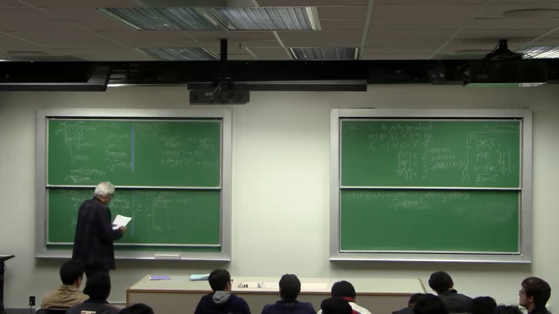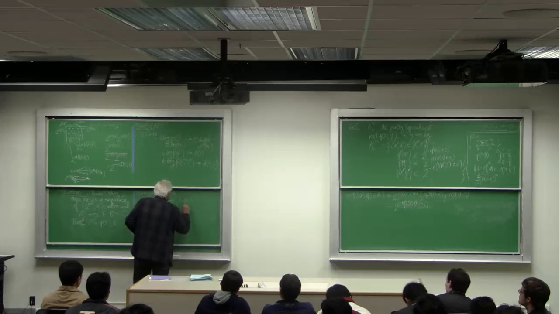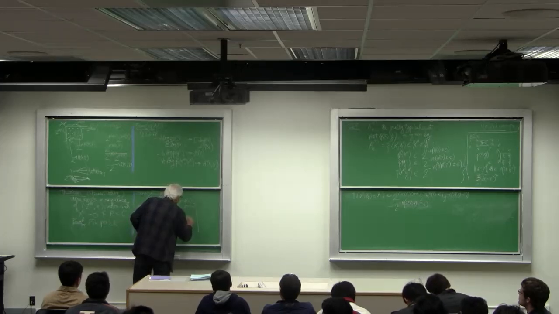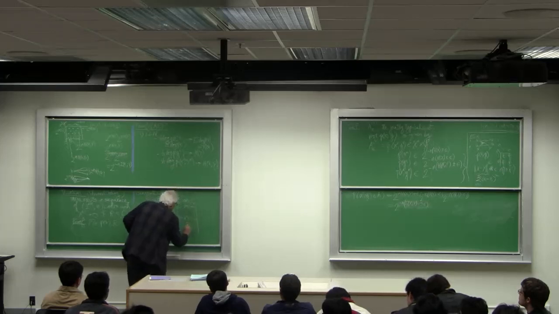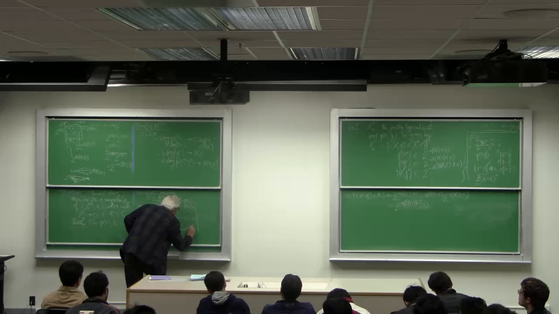All right. And I'll write it this way. This is xn of 1, xn of i, and the final xn of 2 to the nr.